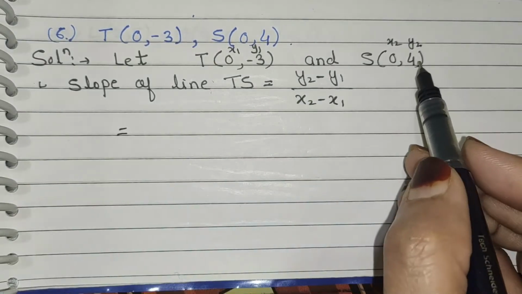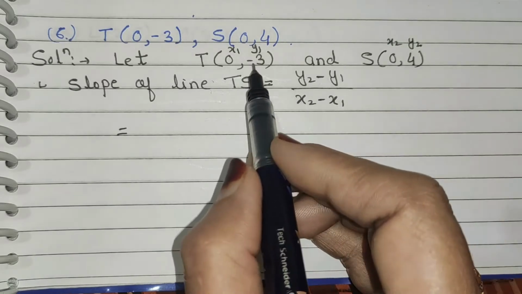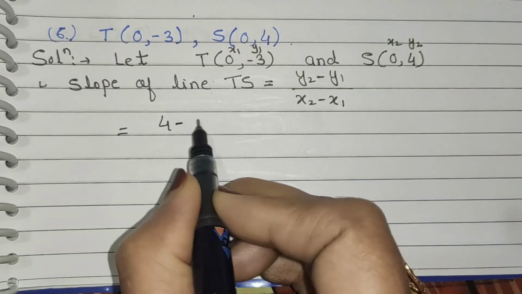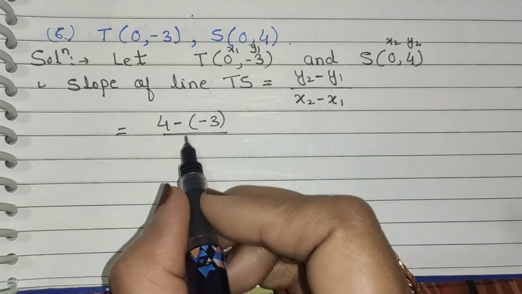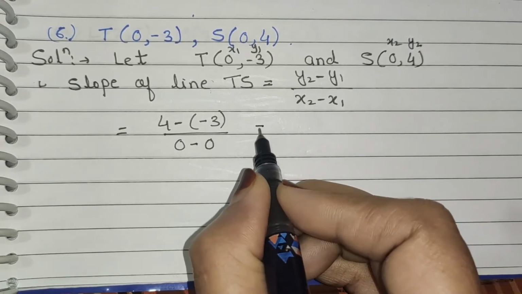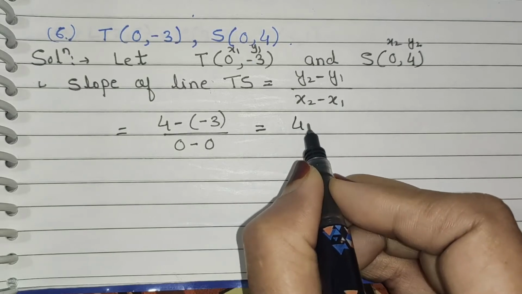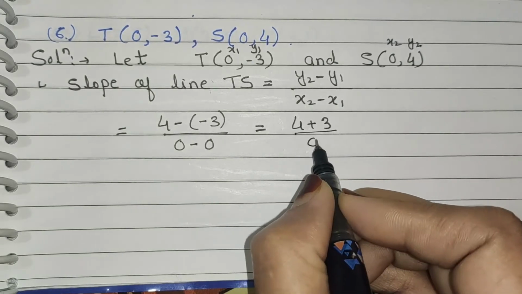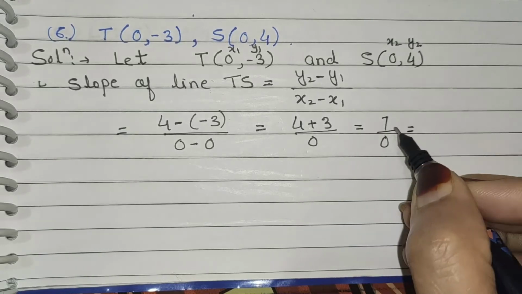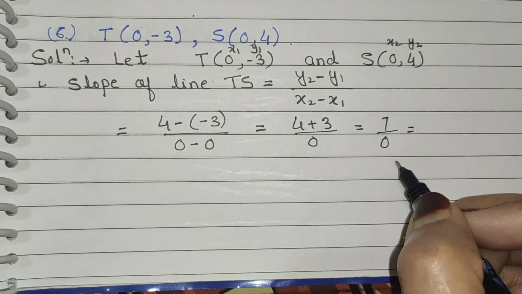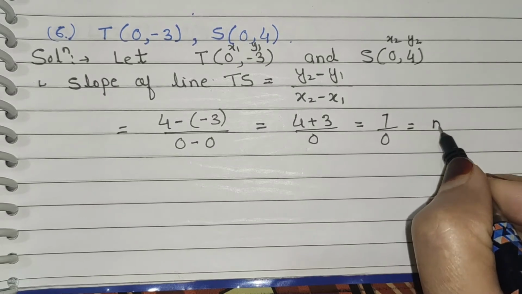Now substituting the values, we get here 4 minus of minus 3 upon 0 minus 0. So 4 plus 3 upon 0 is equal to 7 upon 0. Now the value of 7 upon 0 is not defined.